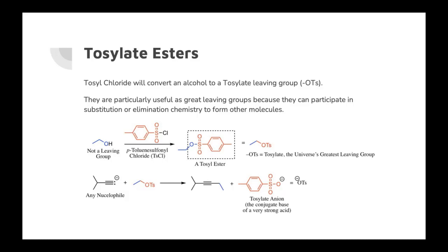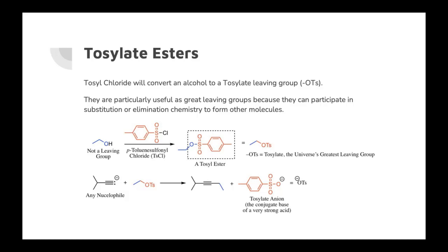So it will react in that same SN2 mechanism that we discussed with esters. So you have your chloride and your alcohol, and then you're left with an ester. This new leaving group is called a tosylate, and it is easily removed, so then it will react with any nucleophile to create further reactions.